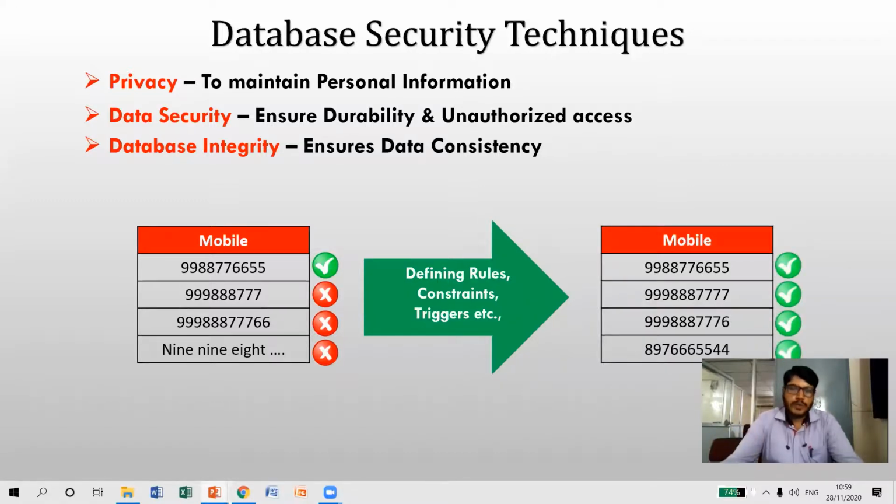When I include rules, obviously the mobile number should be 10 digits and it should be numeric itself. Then only it will accept a mobile number in the right format, so that every mobile number is in a consistent state. So this is how we can achieve database integrity.